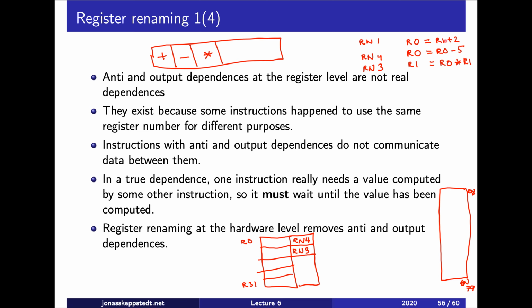It will certainly finish it, and it should be finished. And the sum of R1 and 2 should be written into this register. That means the oldest instruction can copy its value into the real register.